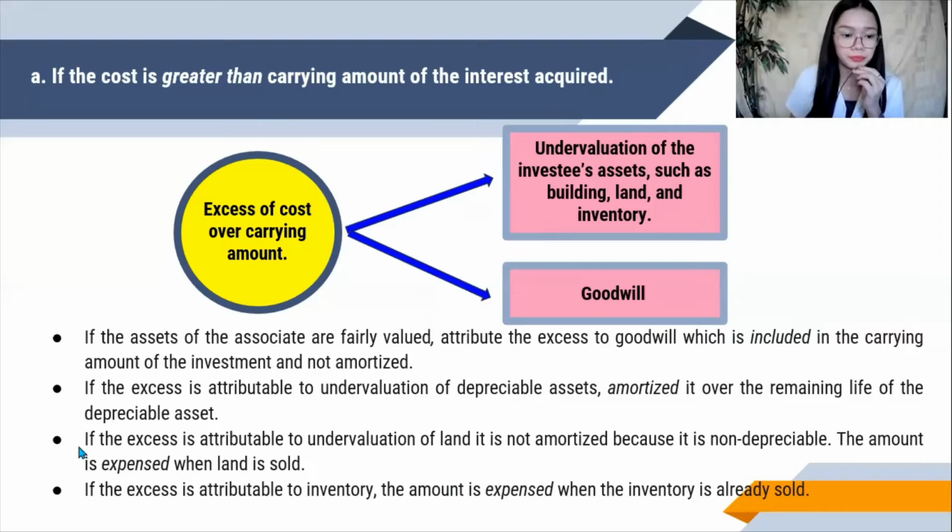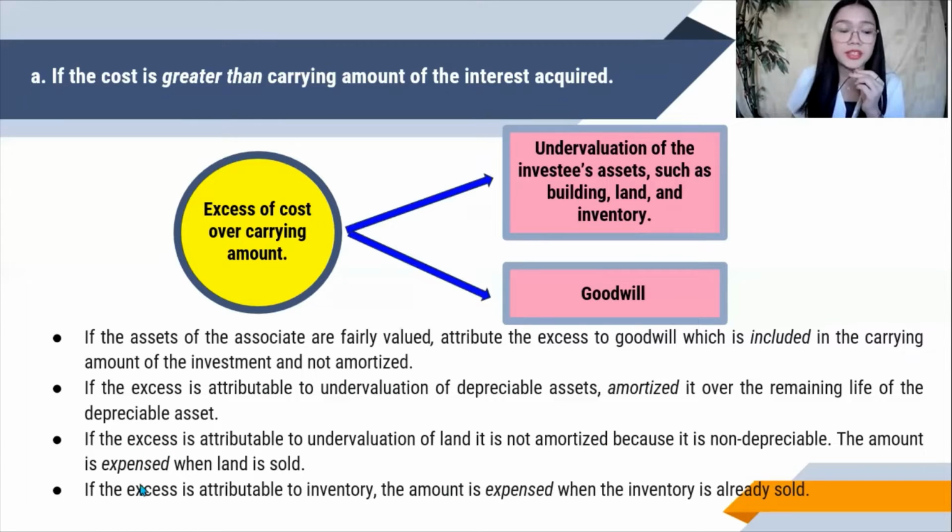So third, if the excess is attributable to the undervaluation of land, it is not amortized, of course, because it is non-depreciable. But yung amount is expense natin when the land is sold. So yung excess na attributable to the undervaluation of land, hindi natin siya i-amortize dahil non-depreciable daw siya.